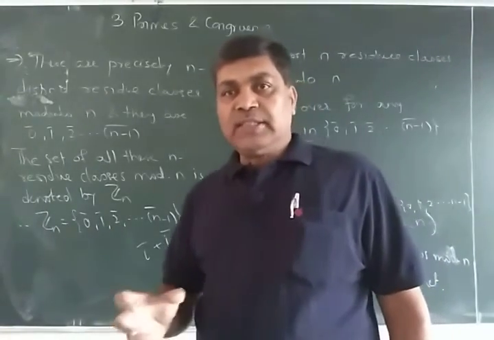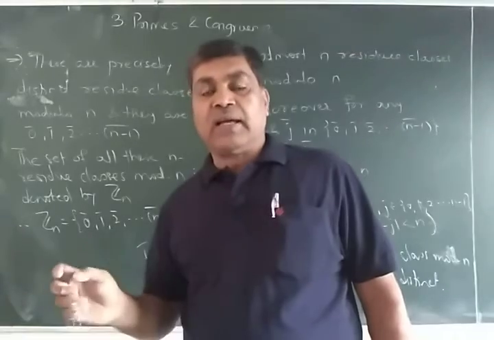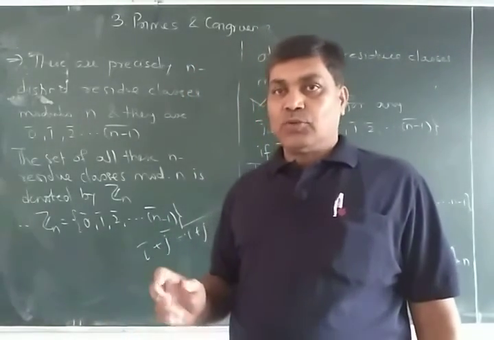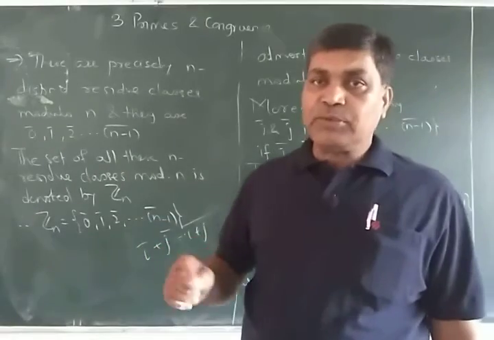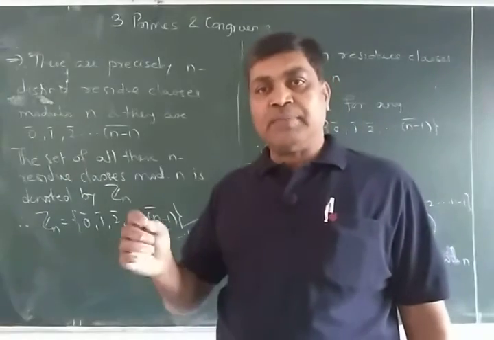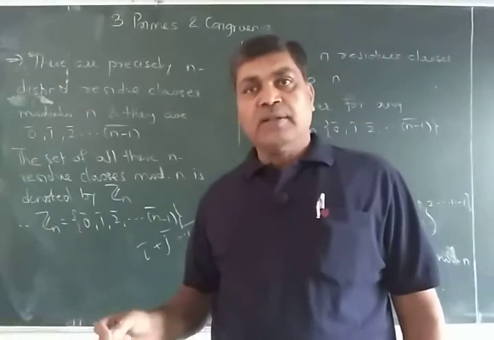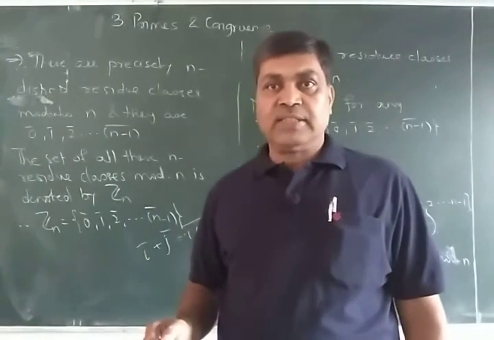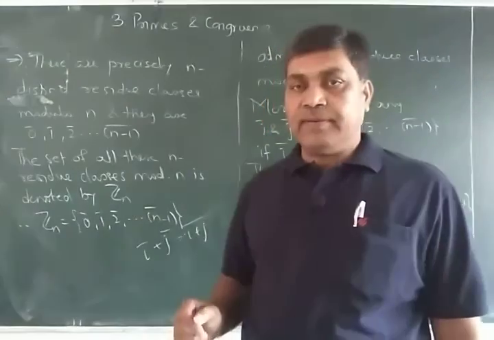Means that i into j is congruent to R mod n, where R is again 0, 1 up to n minus 1. So i bar into j bar is nothing but ij bar, which is equal to R bar, where R is the remainder when ij is divided by n.